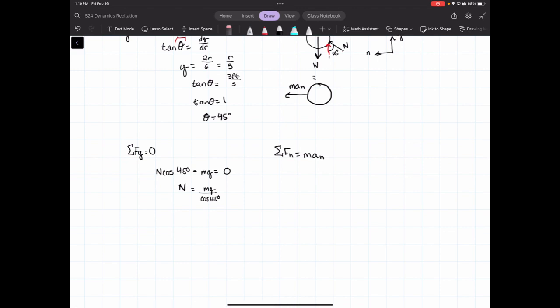So that's going to be n sine theta, or 45 degrees. And since we have going to the left as our positive, we can keep that as a positive. And then that's just going to equal our mass times acceleration in the n direction.